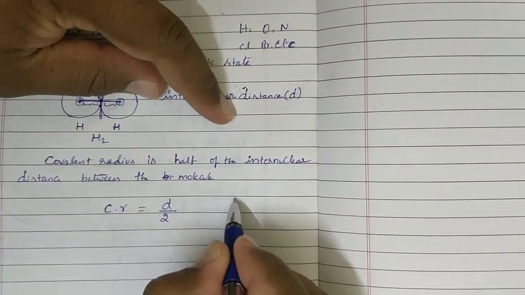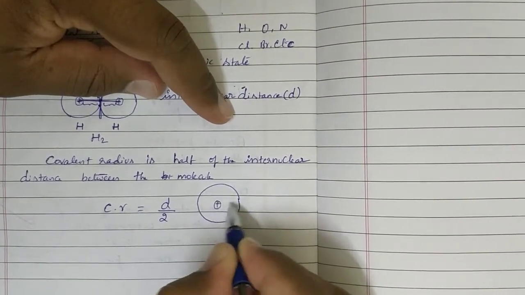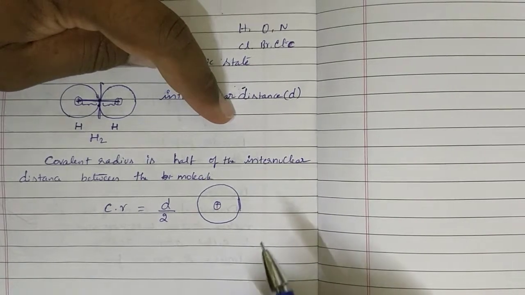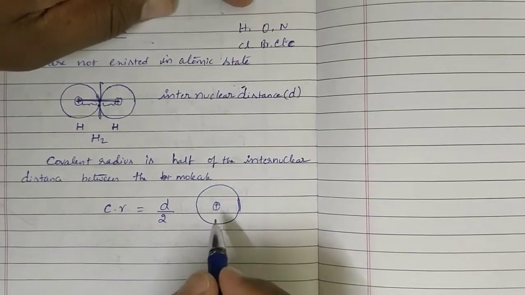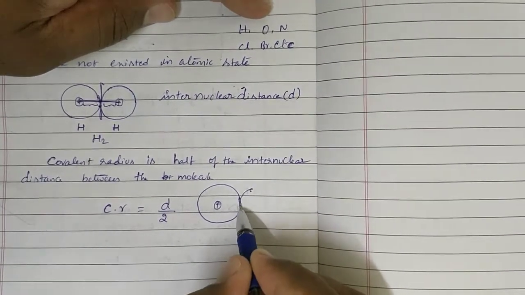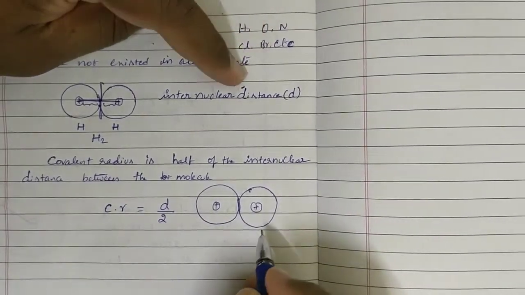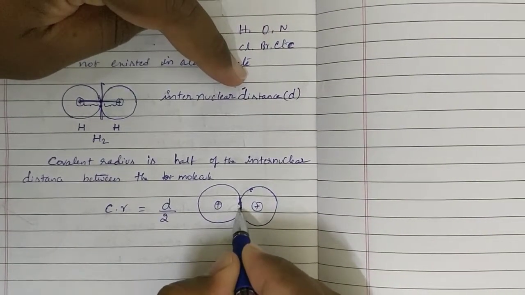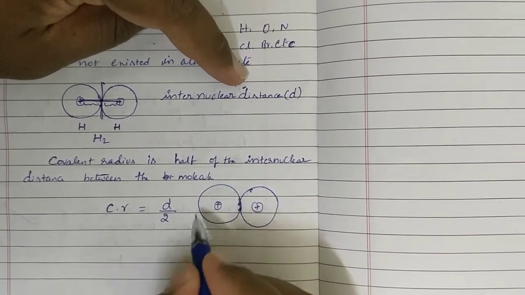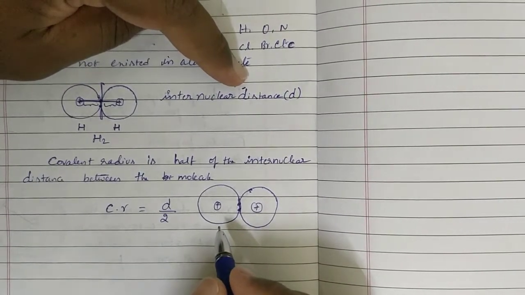Actually, we have to find the distance from the nucleus to the outermost shell. Is it correct? But there is no chance of a hydrogen atom or oxygen atom existing separately. Then what have we done? We have considered the hydrogen molecule. In the hydrogen molecule, the molecule is formed by the overlapping of atomic orbitals of one atom with another atom.